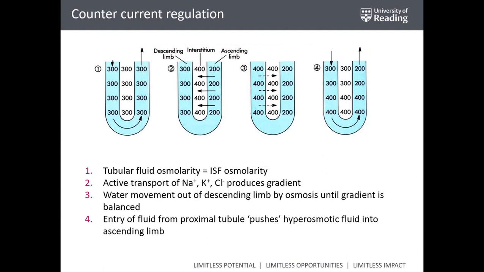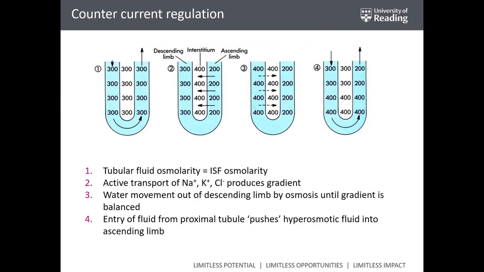the osmolarity of the content of the ascending limb decreases, while the osmolarity of the interstitium content increases. This leads to step number 3, where the water movement from the descending limb into the interstitium will increase the osmolarity in the descending limb until it reaches balance with the interstitium.